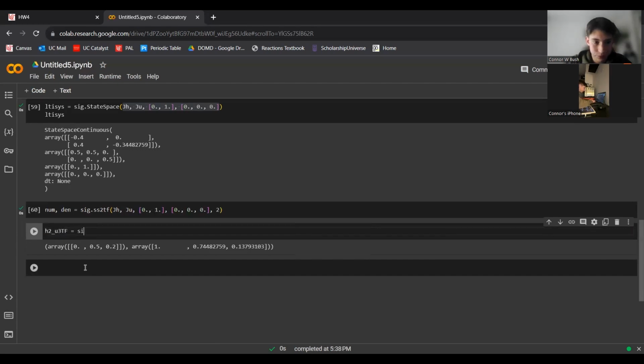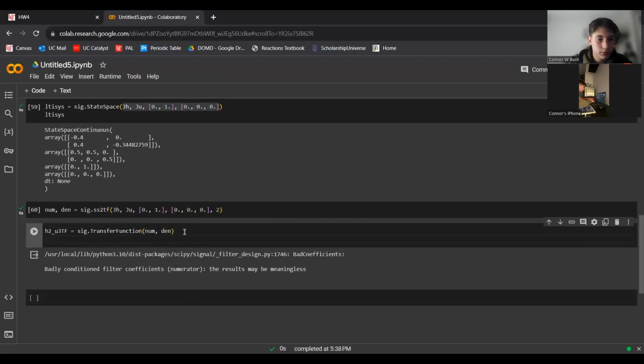So sig dot transfer function will return the transfer function with an inputted numerator and denominator.